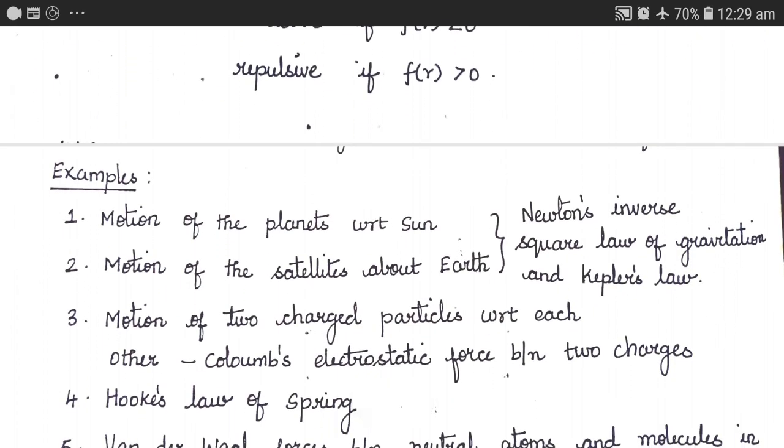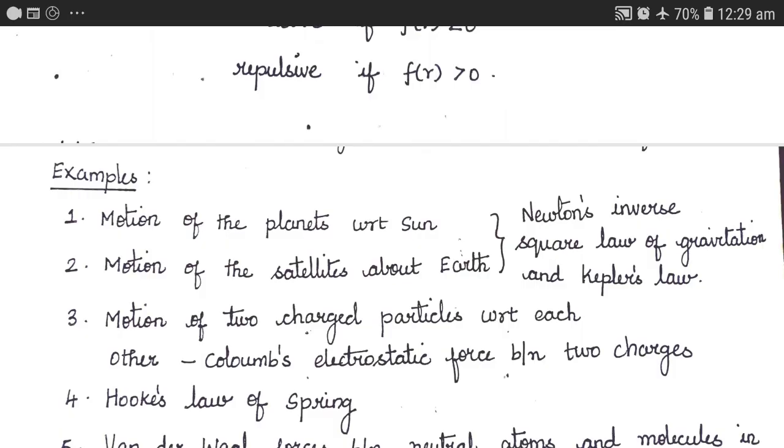Now let us look into the examples involving central force. To study the motion of the planets with respect to the sun, because the motion of the planets with respect to the sun comes under central force. We all know all the planets revolve around the sun with the sun as a fixed center.